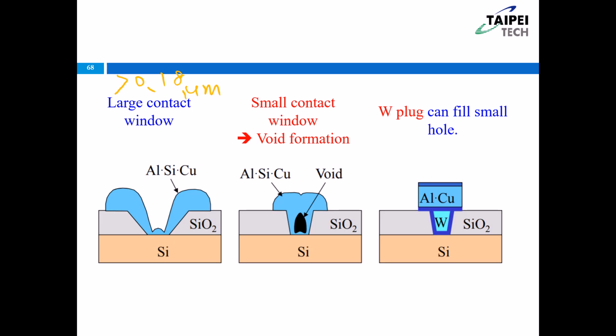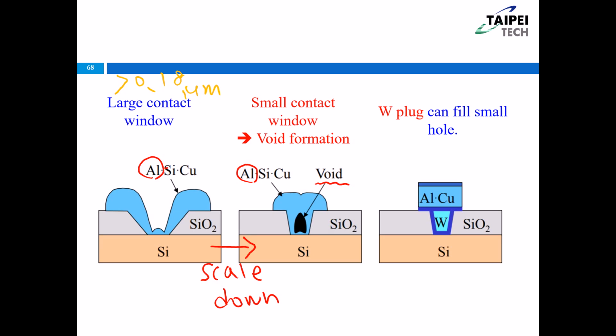And then what happened when the scaling down, when the transistor becomes smaller and smaller, also the contact hole becomes smaller. So if we still use the aluminum, then we will have the void. 因为铝的填洞能力很差，所以它最后会留下一个 void.